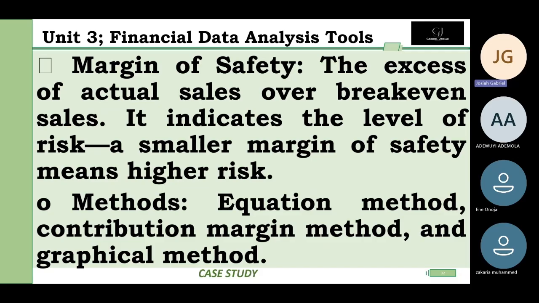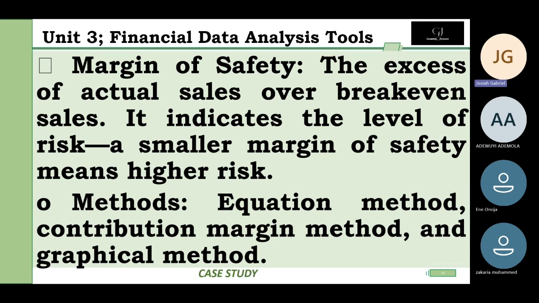from the loss situation. So we have different methods of calculating break-even analysis. We have the equation method, the contribution margin method, which is very popular. Then we have the graphical method. So the equation method speaks to where your revenue equals your cost.